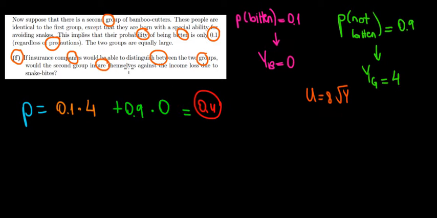Now the question is, are the guys going to insure themselves? Are they going to buy insurance? Meaning we have to compare two expected utilities, insurance versus no insurance. So that's what we're going to do. In the first case, if the bamboo cutter has no insurance, is he going to take precautions or not?